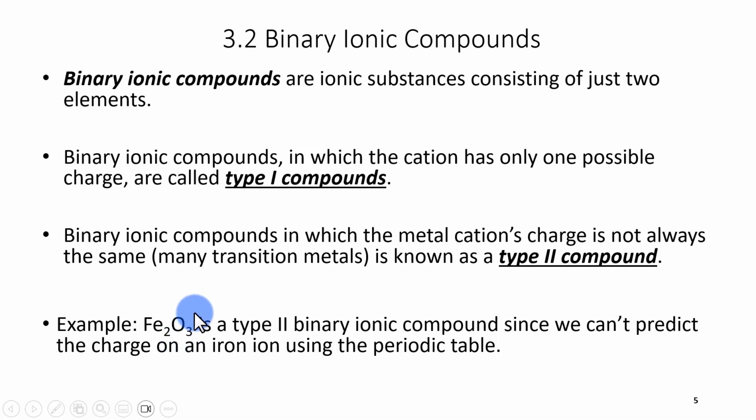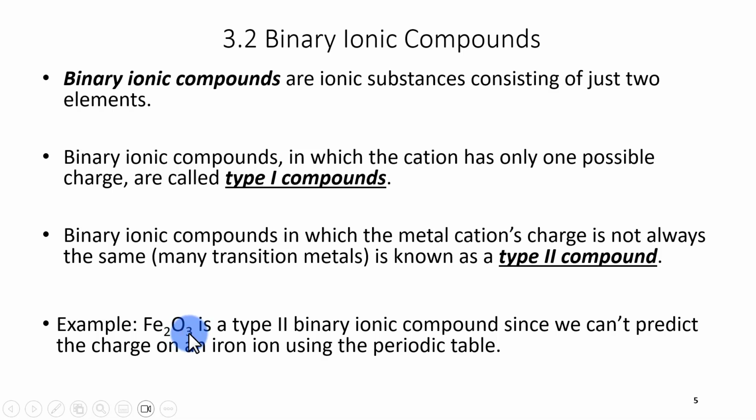Oxygen in this case is a 2 minus. 3 times 2 minus gives me a 6 minus charge. That has to be offset by the positive charge, so my total positive charge has to be +6. And that +6 charge has to be distributed over 2 irons, so each of those irons has to have a +3. Or you can look at, what's my subscript by the oxygen?